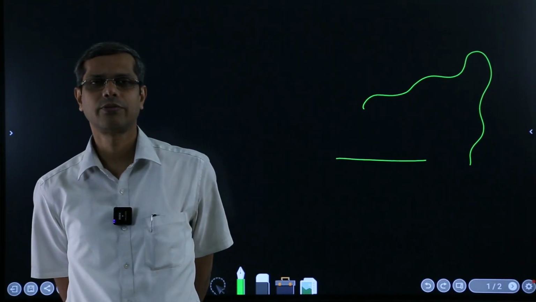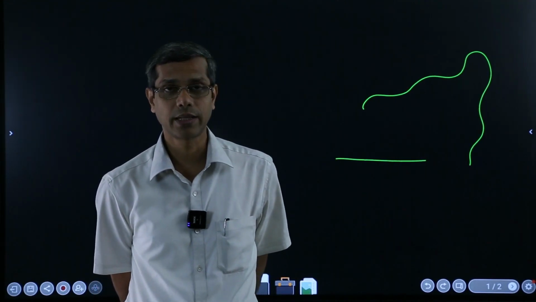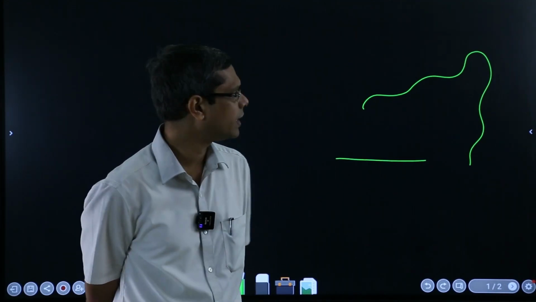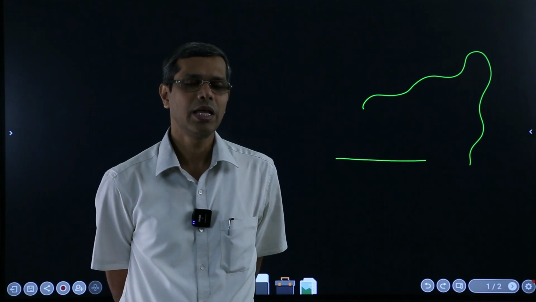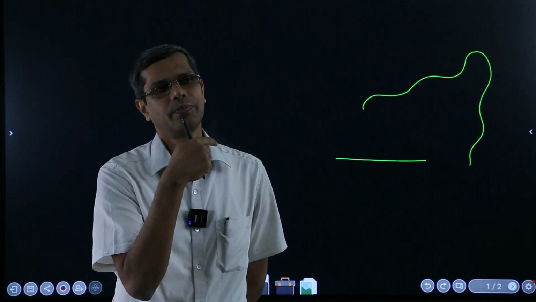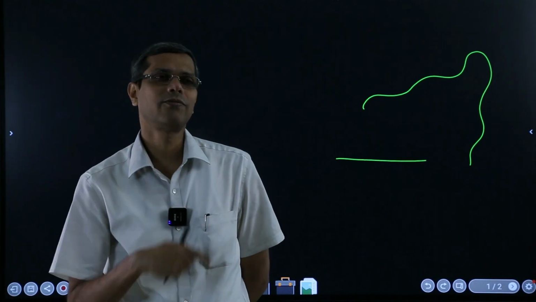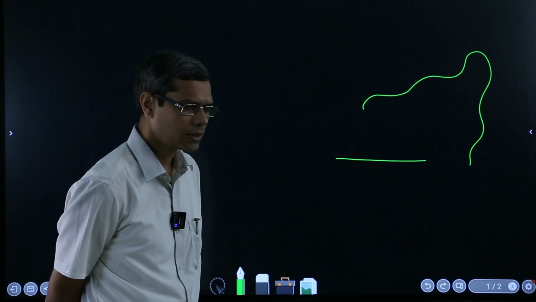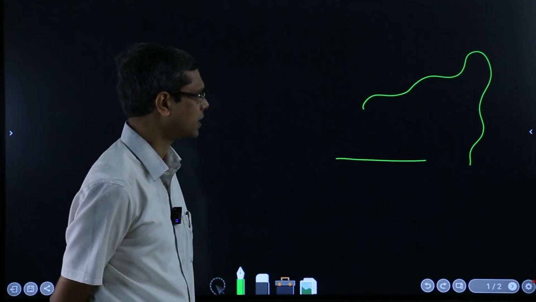One variable was sufficient to define the displacement, which we denoted as S, and then we just plotted everything. The visualization also was with respect to displacement versus time, velocity versus time, etc. Those 5 kinds of different representations we discussed.